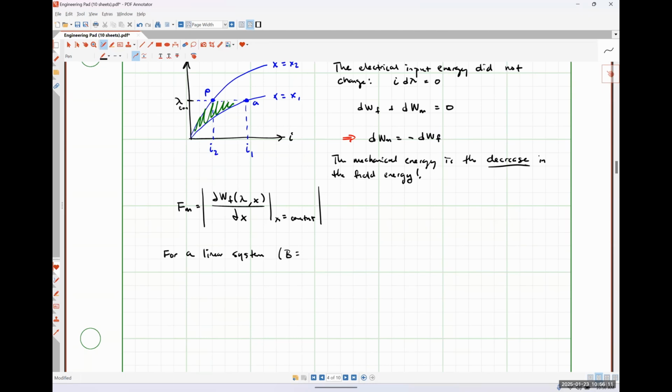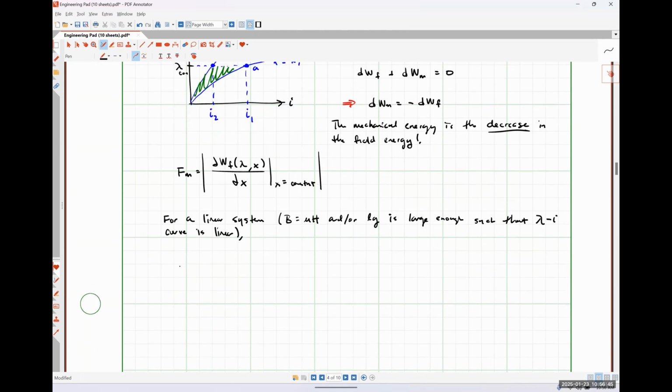And then finally here, for a linear system, where we can say that B is simply equal to mu H, and or our air gap is large enough such that our flux linkage current curve is linear, then our force Fm is going to be the derivative of our field energy as a function of gap length with respect to gap length.